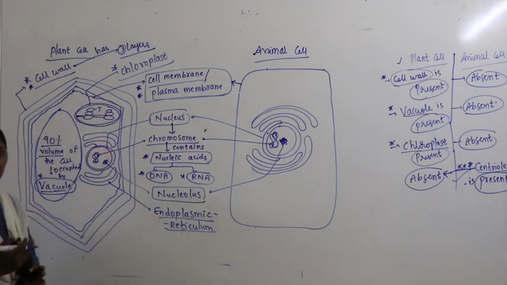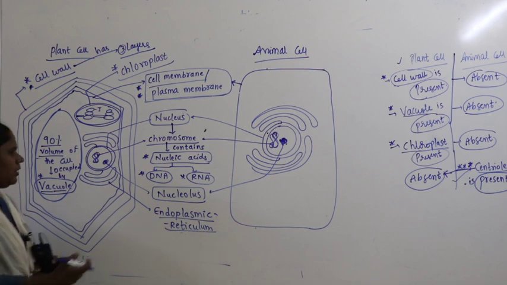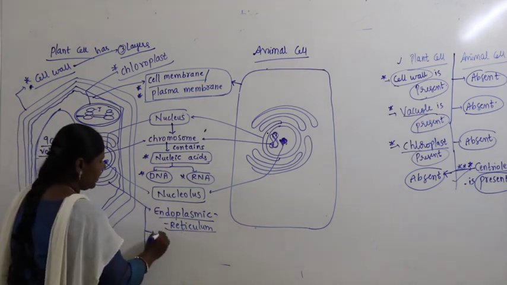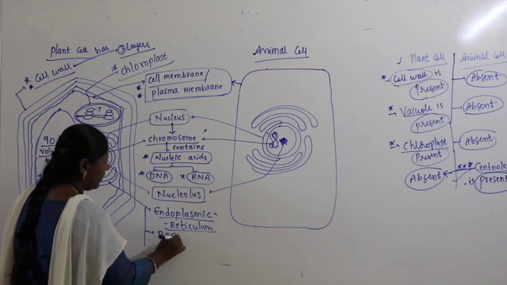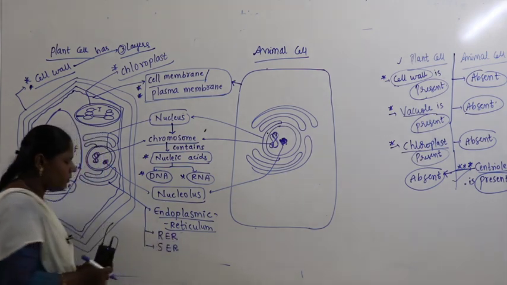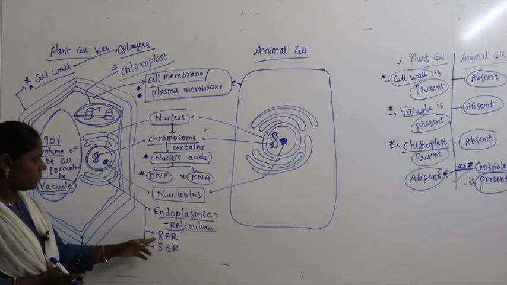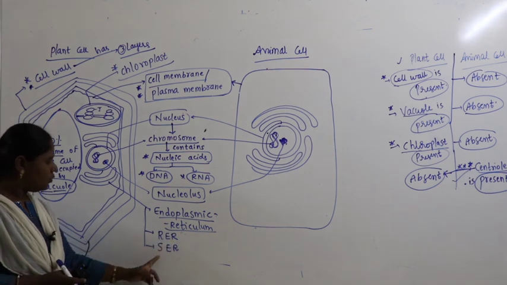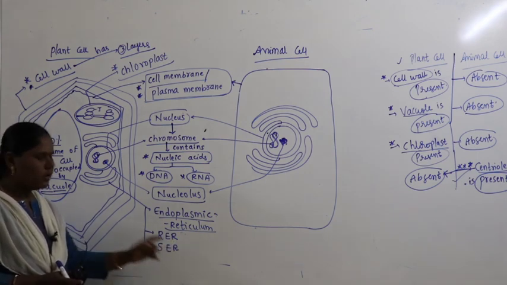This is an endoplasmic reticulum. Now we have two types of endoplasmic reticulum. What are they? Rough endoplasmic reticulum and smooth endoplasmic reticulum. I hope you know the clear differences between them.